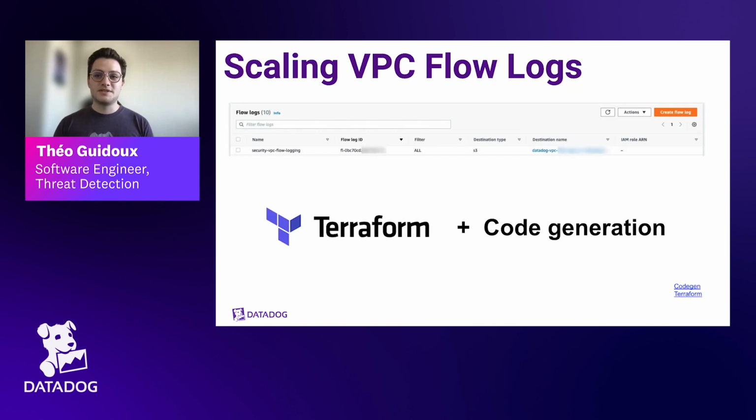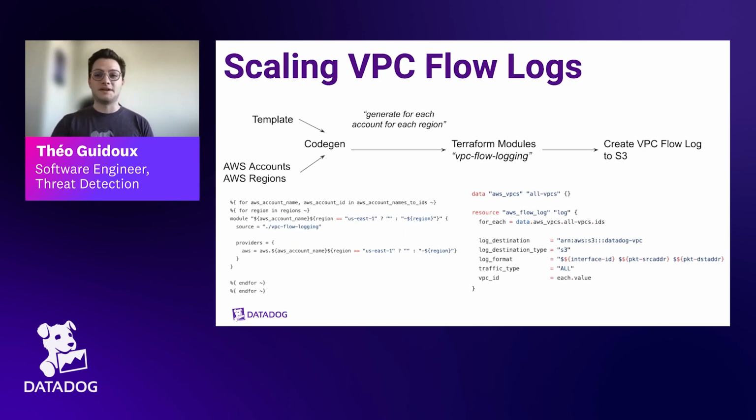It's also interesting for us because we want the possibility to reproduce a setup multiple times. And as this is code, we want to keep track of the history of changes of our setup. Code generation is done using CodeGen, a commonly used tool to generate code with Terraform. So let's have a look at that on the next slide.